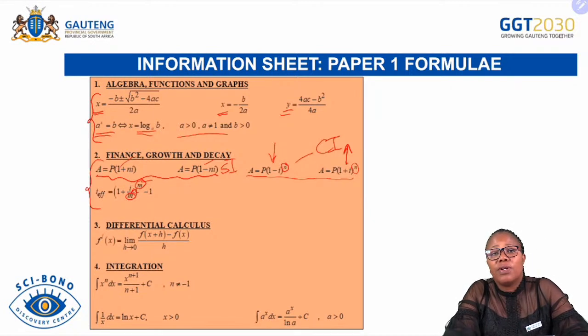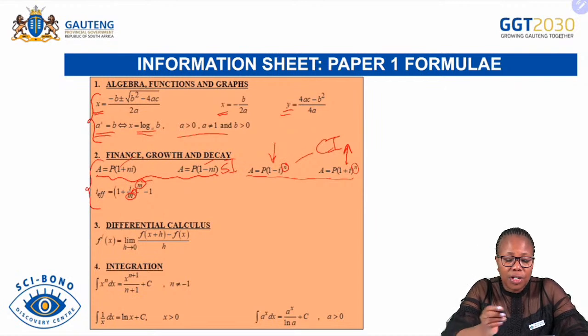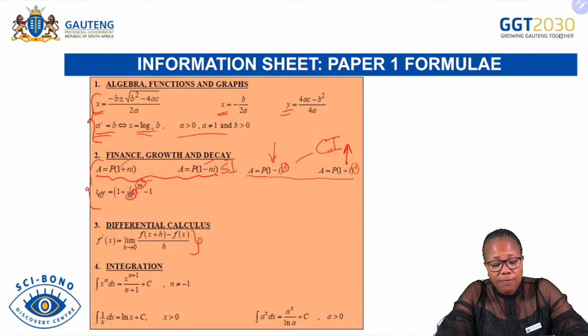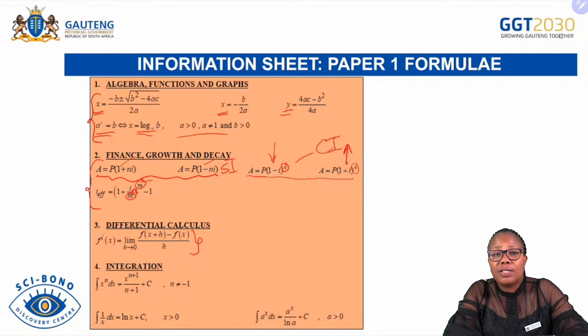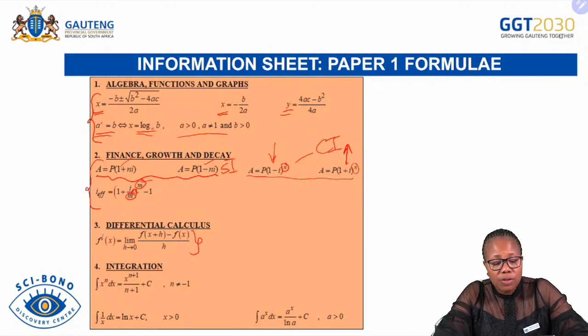And then thirdly, we have a third class, which is for differential calculus. For differential calculus, we are having the formula that we call the first principle. And then now that is f derivative of x. Be careful, there's a dash on top there, grade 12, which you mostly miss when you write your formula. So be careful, always visit your formula sheet to check that you have copied the formula correctly.